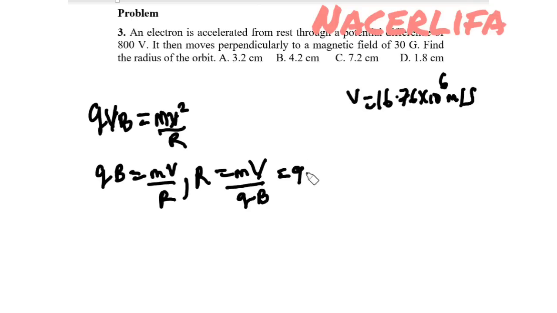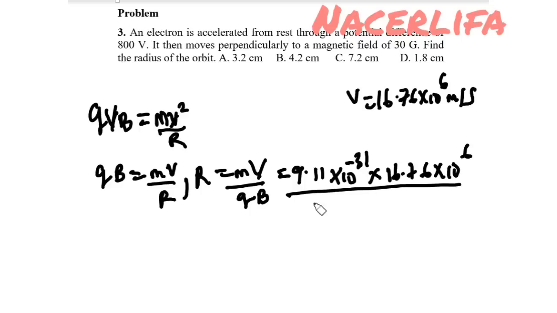So you have 9.11 times 10 raised to the power minus 31 times the velocity of the electron, which we have evaluated before, 16.76 times 10 raised to the power 6, upon the charge of an electron, 1.6 times 10 raised to the power minus 19, and the magnetic field strength B we have evaluated before, 30 Gauss, which is equivalent to 30 times 10 raised to the power minus 4.